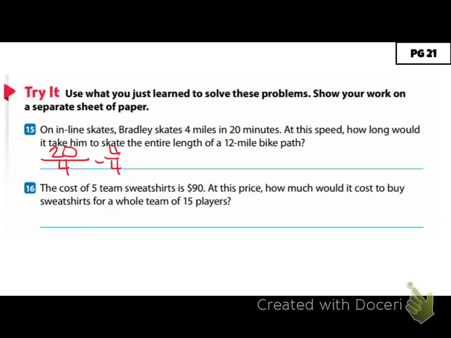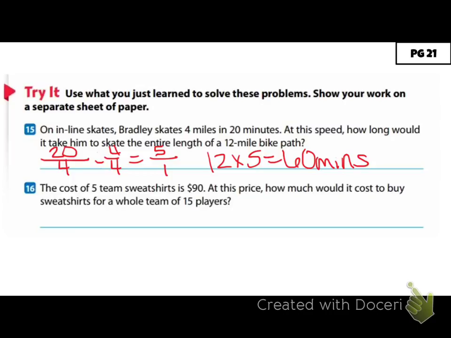So we're going to divide top and bottom by 4. 20 divided by 4 gives us 5. 4 divided by 4 is 1. So we know he goes 1 mile every 5 minutes. So if we want to know a 12-mile bike path, we would do 12 times 5 to get 60 minutes.